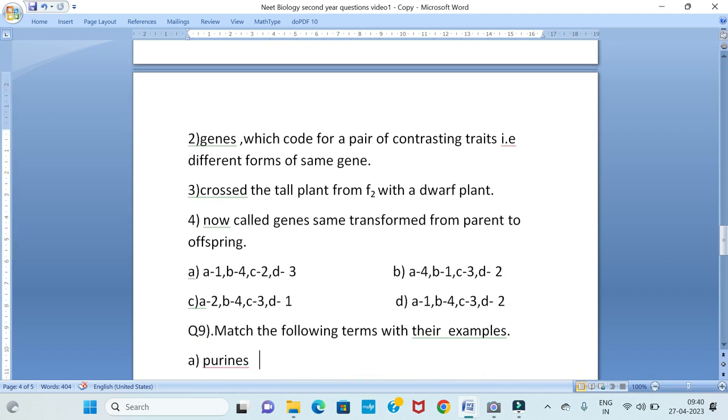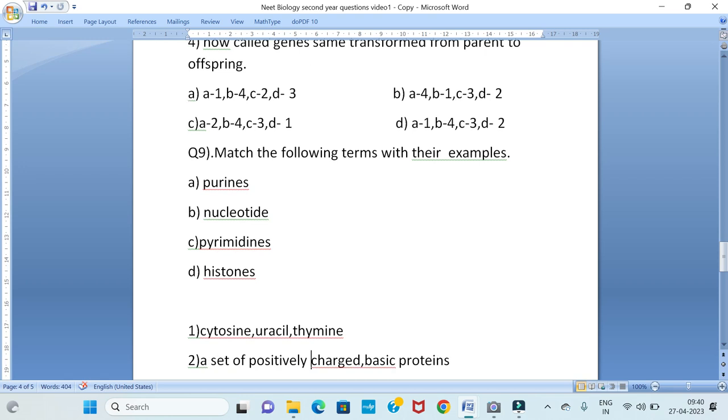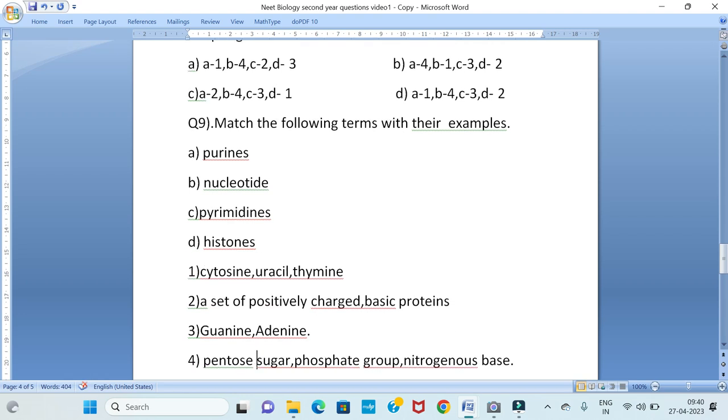Next, match the following terms with their meanings: purines, nucleotides, pyrimidines, histones. Purines, what are they? Nucleotides, what are they? Pyrimidines, what are they? Histones, what are they?